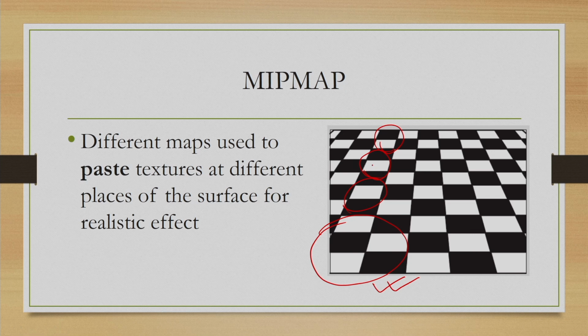So in the MIP map technique we store these different sizes of the same pattern and simply paste them at appropriate regions of the image, rather than creating a more complicated pattern. So that is the idea of the MIP map, and we do that in generating realistic texture effects.